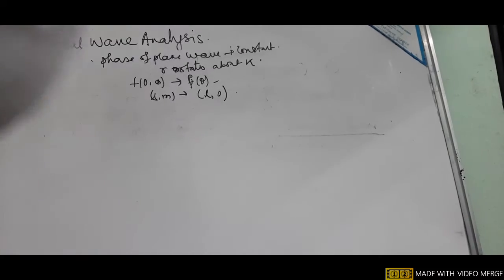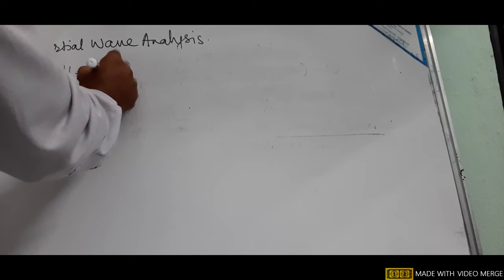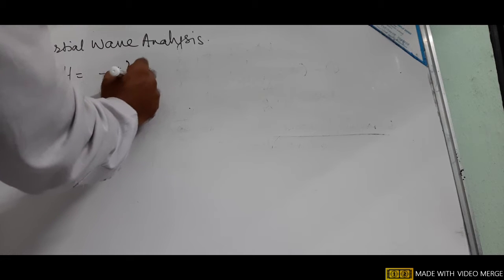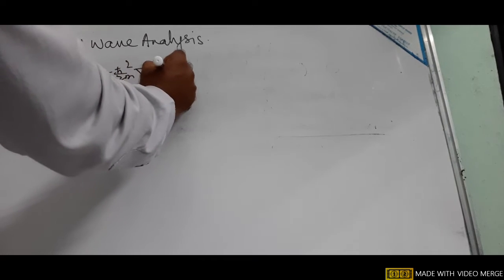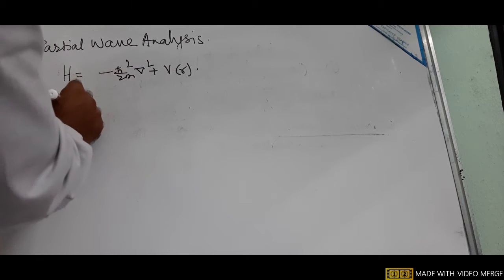Therefore the Hamiltonian is written as H equal to kinetic energy plus potential energy, that is H = -ħ²/2m ∇² + V(r).